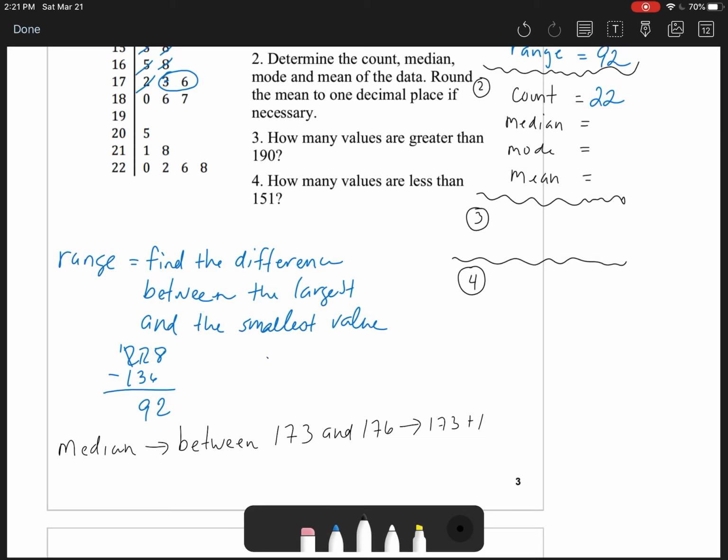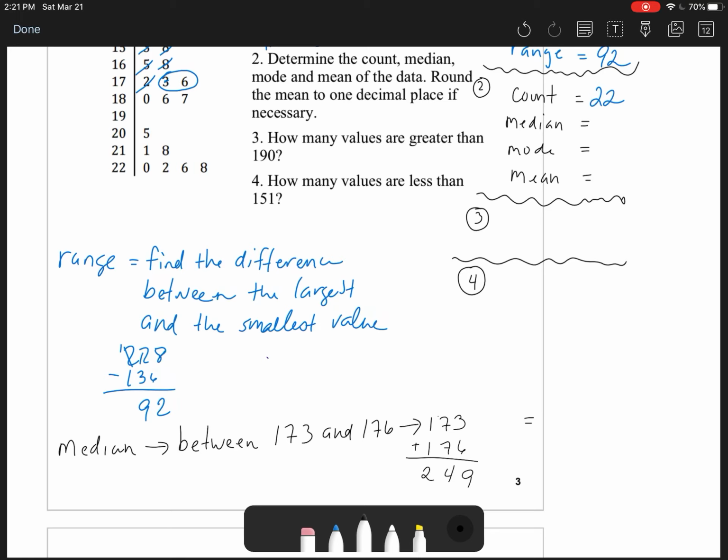So 173 plus 176. Okay, add those two together. And let me write it vertically. It's going to be a little easier to do that. 173 plus 176.